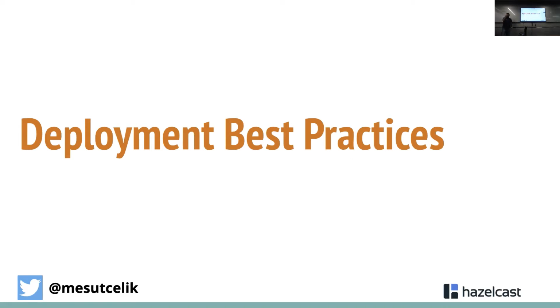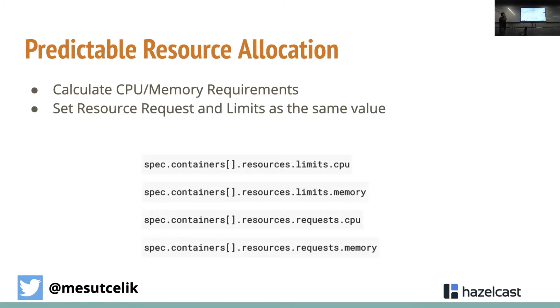Deployment best practices. You now know the deployment options that you can use, but there are some best practices you need to think about before deploying Hazelcast. One of them is predictable resource allocation. When you install or deploy something, you need to do your own calculation: what kind of memory, storage, CPU size, etc. So you need to know those details.